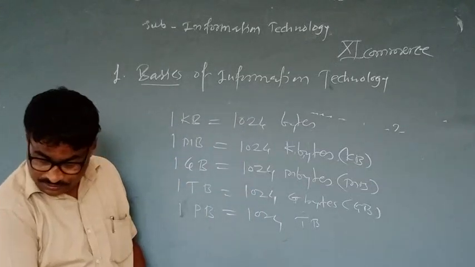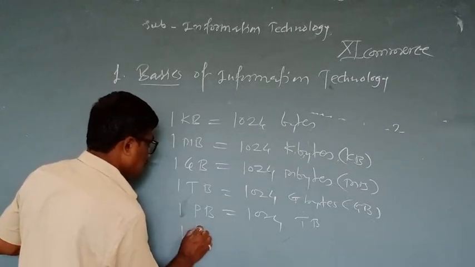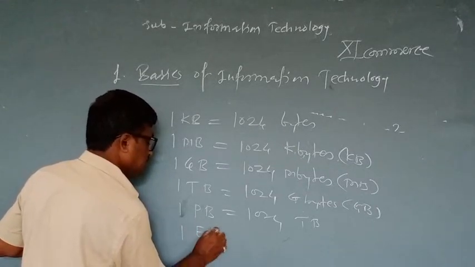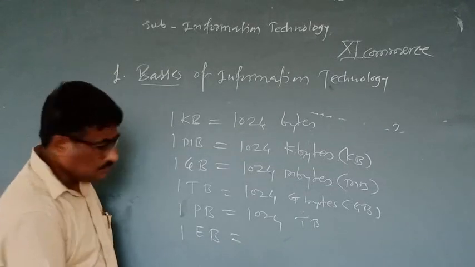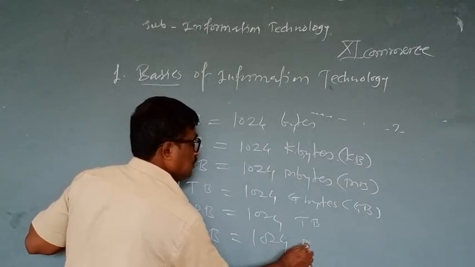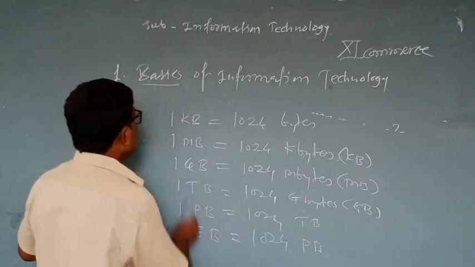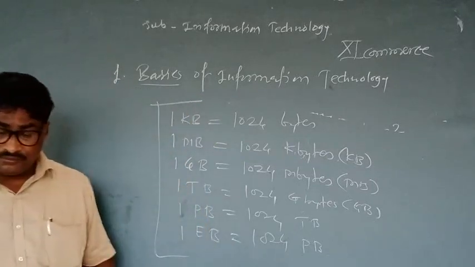Then 1 exabyte is equal to 1024 petabytes. Okay, it is a conversion chart for the memory.